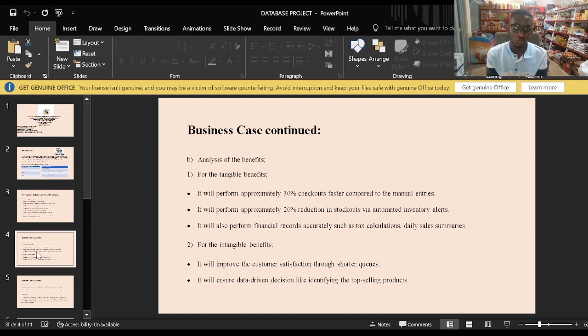When we go to number two, the intangible benefits, it will improve customer satisfaction through shorter queues, whereby, let's say you have a lot of customers at a time, writing receipts for those customers would take time and they would even complain.